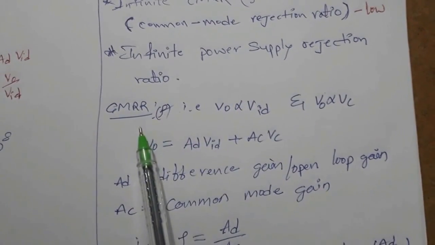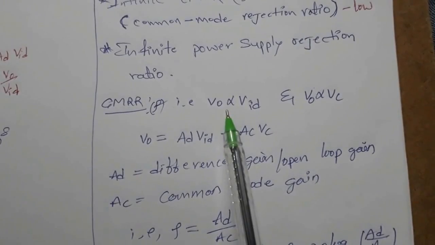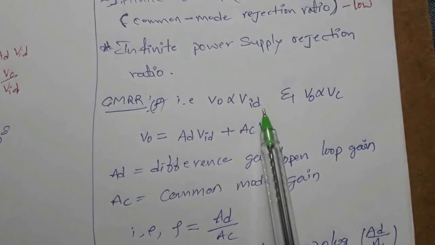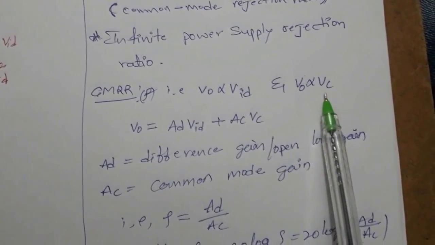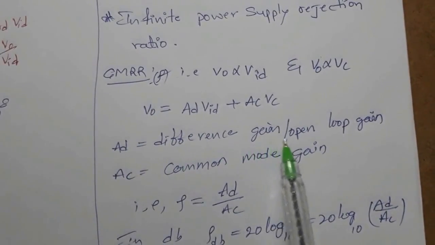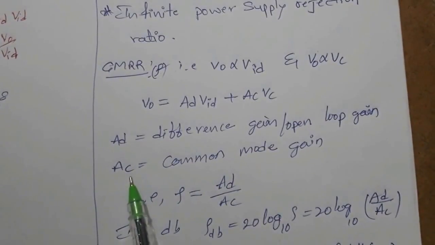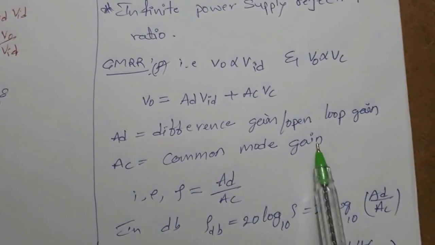As we know, the output voltage is directly proportional to VID and also directly proportional to VC. Here AD is referred to as the differential voltage gain or open loop gain, and AC is the common mode gain.